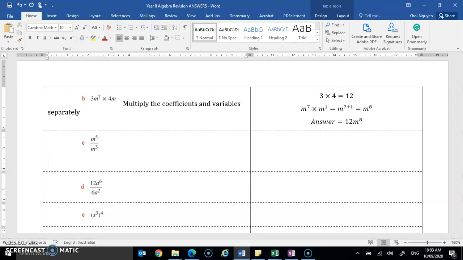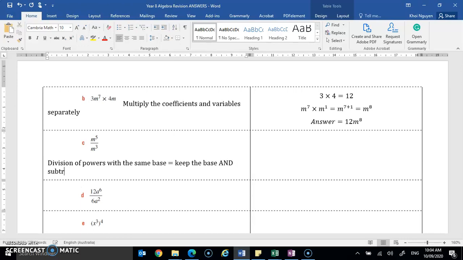Next, what we have here is a division, so division of powers with the same base. It's going to be very similar to multiplication. We still keep the base, but this time, instead of adding the powers, we subtract the powers.